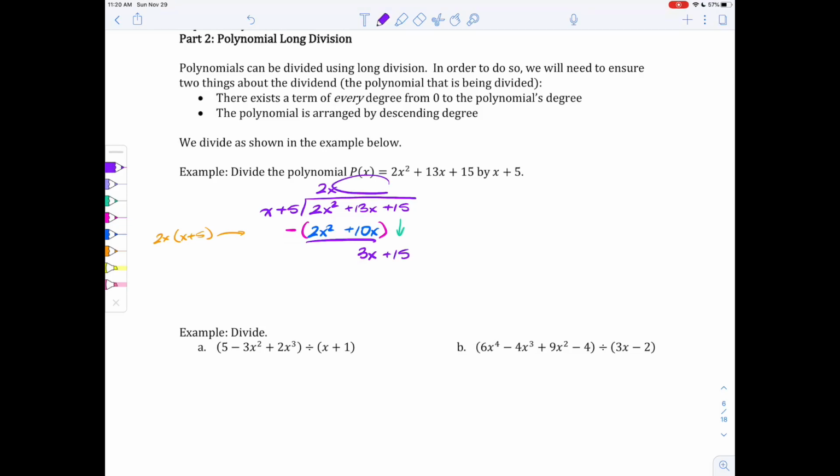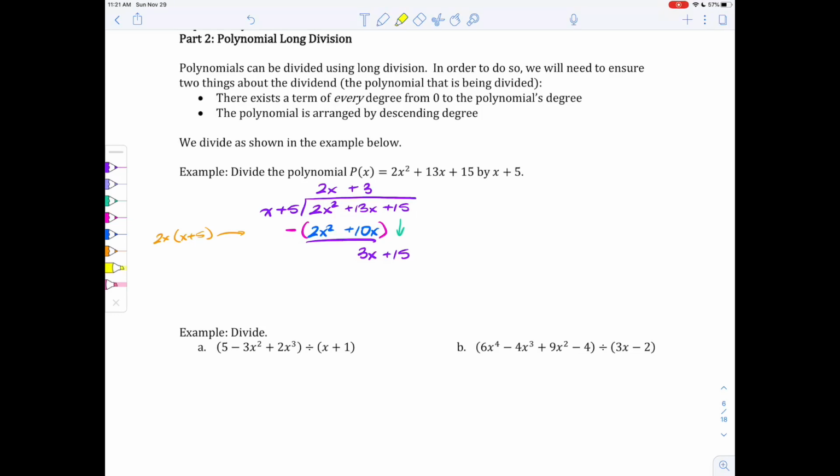But what goes next up here? We're now going to be looking at this 3x and still just this x. So again, it's always just this x that we look at when we decide does it go into our next term and how many times. x goes into 3x 3 times, because 3x divided by x is 3.